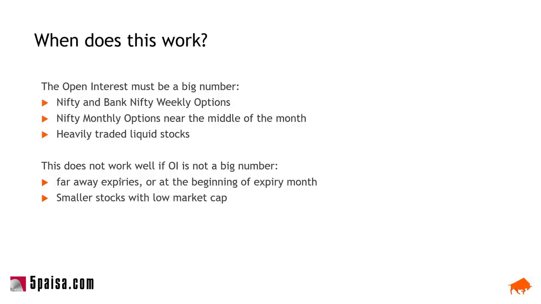Smaller stocks with low market cap, which are outside Nifty 50 and not heavily traded, might not have a lot of OI. Illiquid stocks or options are again a variant of the same. Some stocks might be big, but their option chain is simply not traded much. These are also not very good candidates.